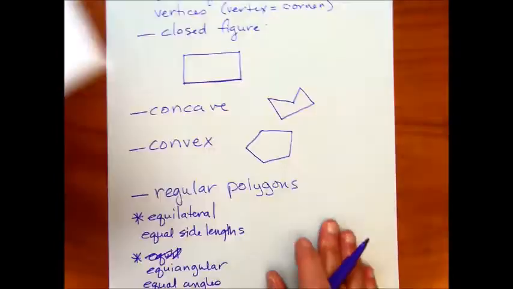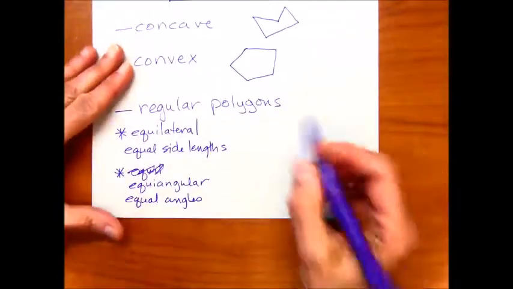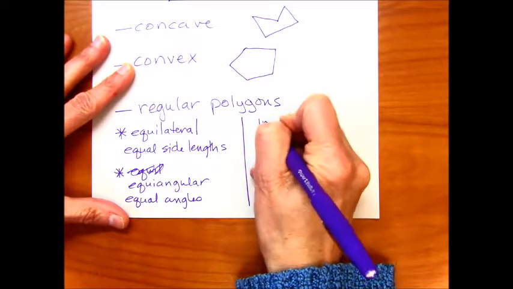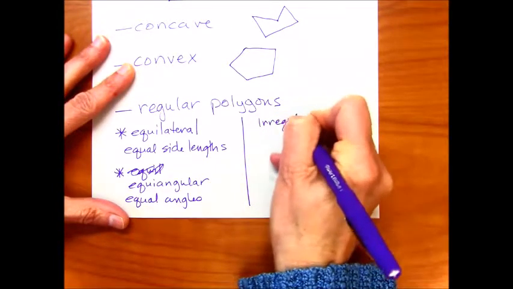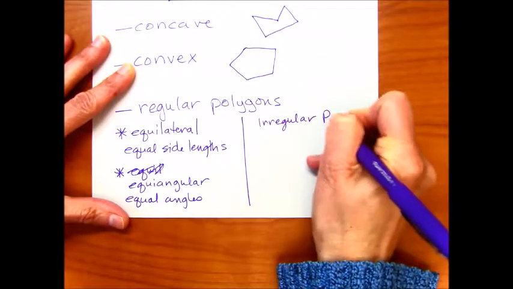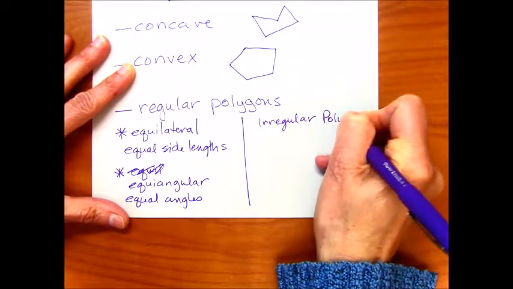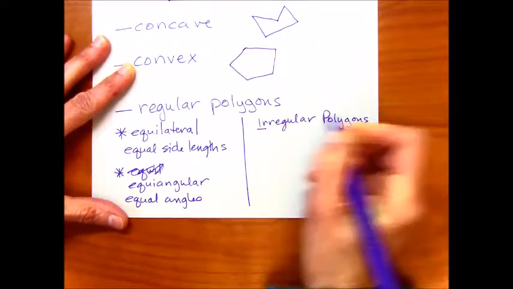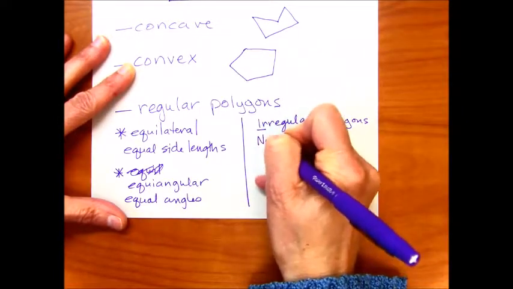Okay, now irregular polygons, we'll go ahead and write that here, irregular polygons. Now, IR, that's going to mean not regular.